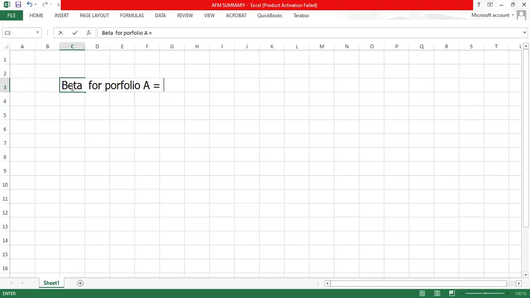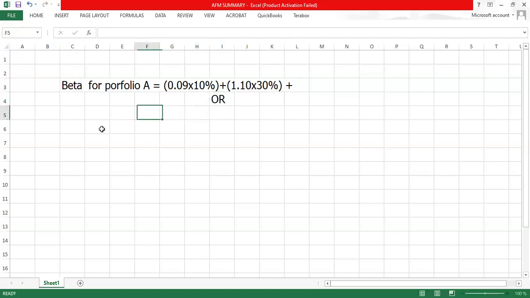One student may say, I open bracket here, I get 0.9 times the return, which is the first return, which is 10, then plus, I open bracket, I get 1.1 times the 30%, like that. That is one student. You may decide to use that approach, or for you, you may use the table.